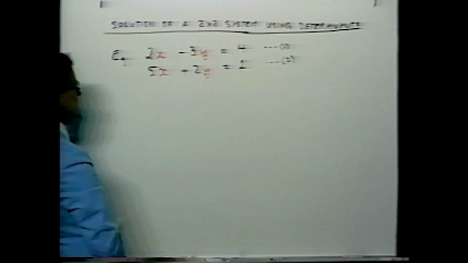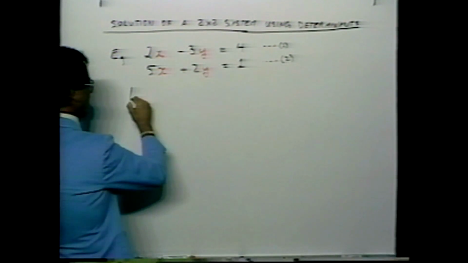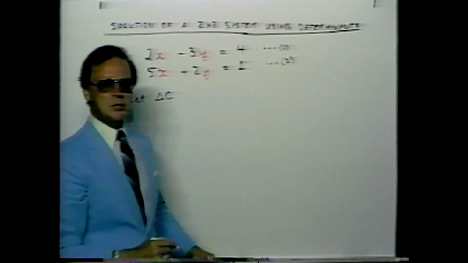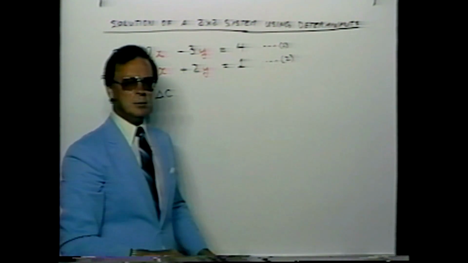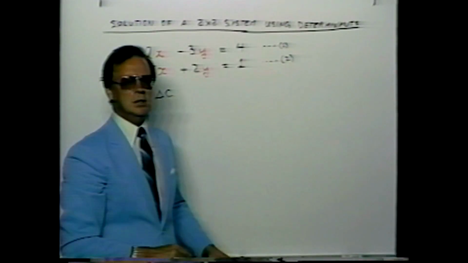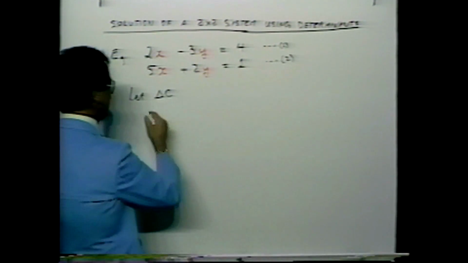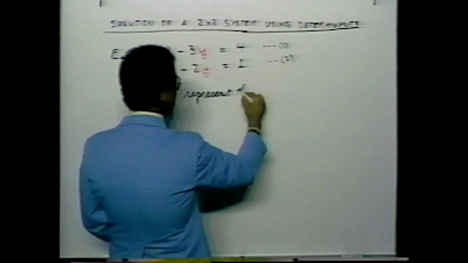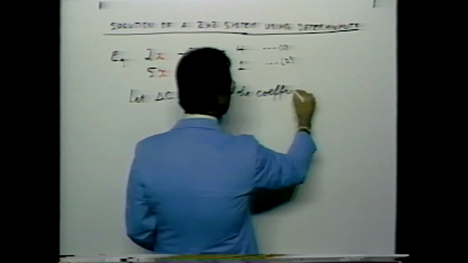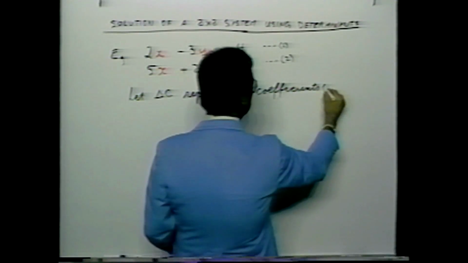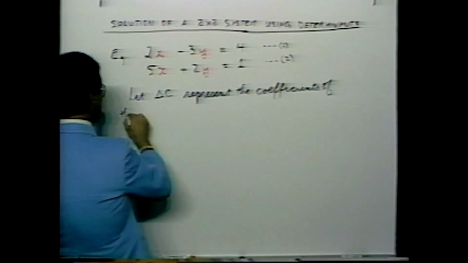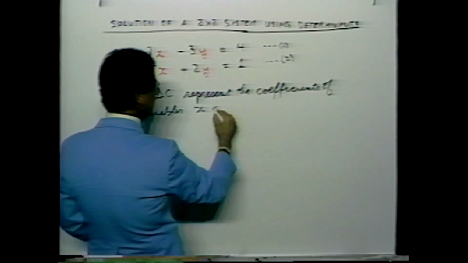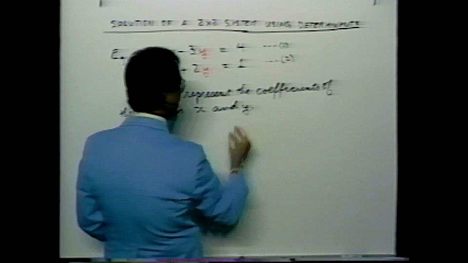Let delta C represent the determinant of the coefficients of the variables x and y.